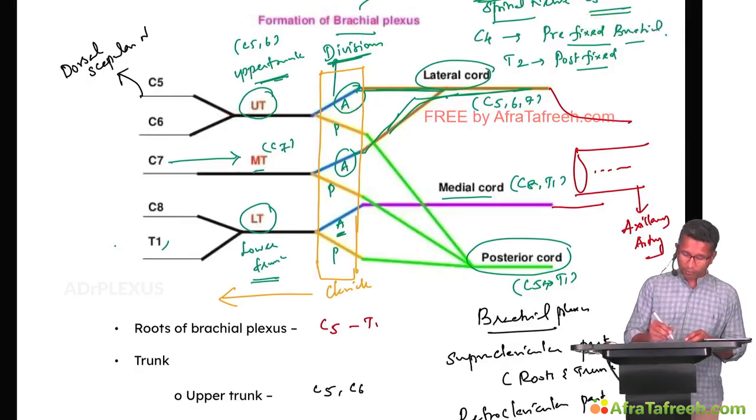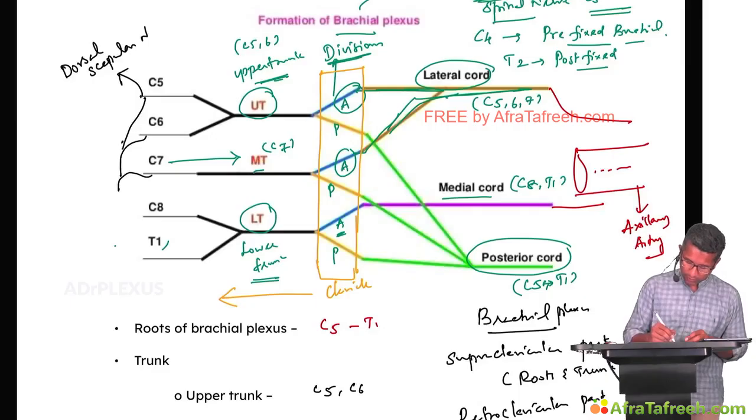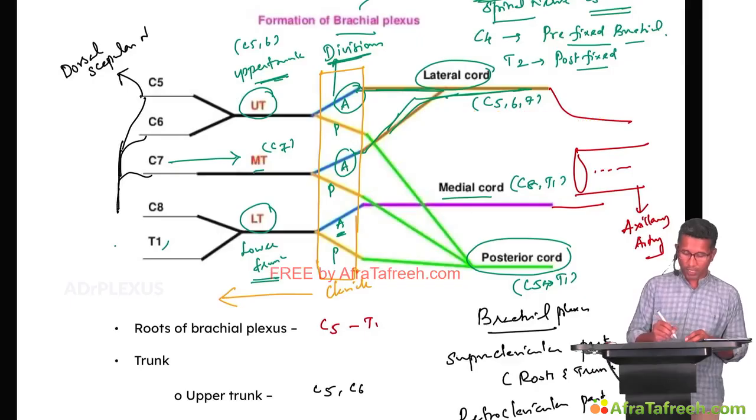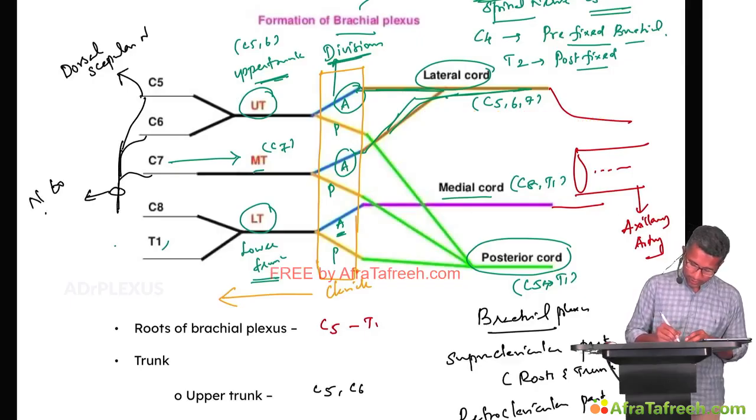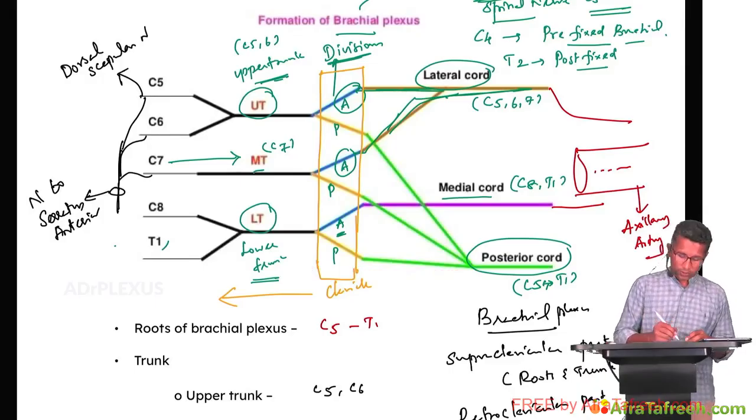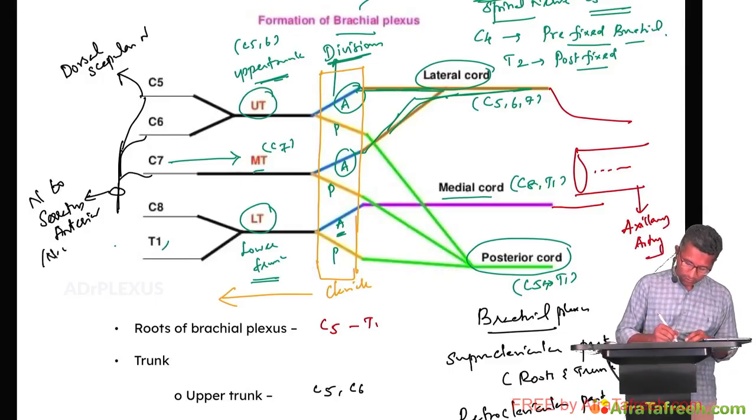And from C5, C6 and C7 you get another nerve which is called the nerve to serratus anterior, guys. This nerve to serratus anterior is also called the nerve of Bell.